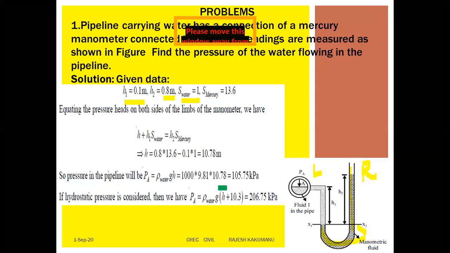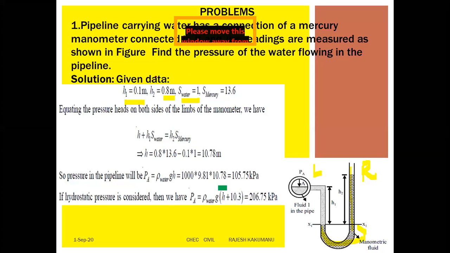The U-tube manometer has the mercury facing towards the atmosphere, while the left limb is connected to a pipe containing water, in which a fluid of specific gravity 0.9 is flowing.